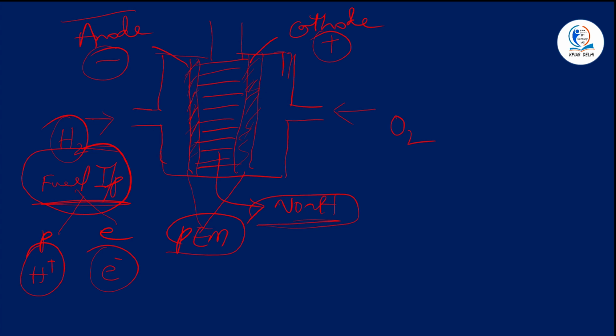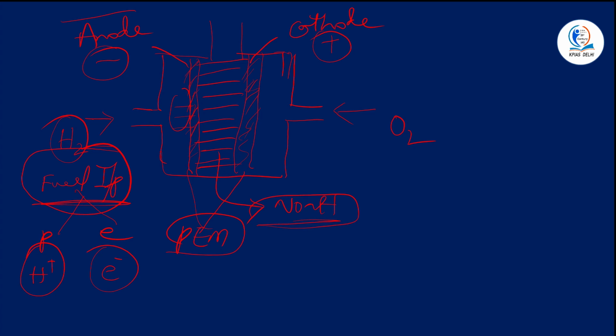When this fuel is introduced at the anode, the electrons are released. They cannot pass through the electrolyte directly because the material restricts the flow of these electrons. So they flow through an external circuit, and this flow generates electricity.